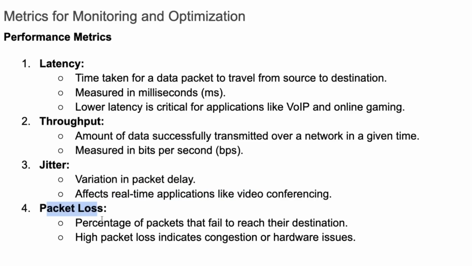Packet loss is the percentage of packets that fail to reach their destination. This one's kind of a gimme. The name kind of just says it all. High packet loss indicates congestion or hardware issues, or somebody has hacked into your network and is sitting in the middle.